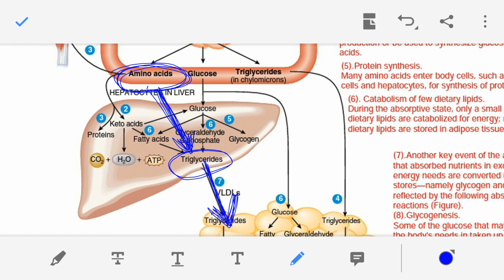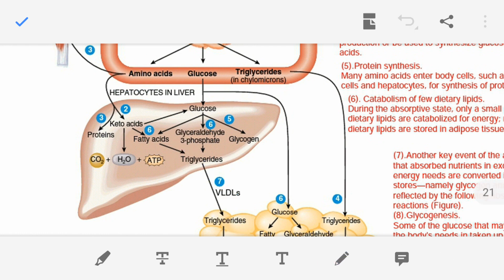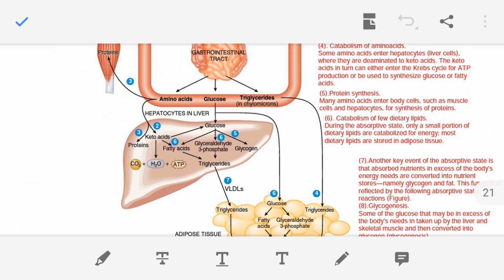But you see by your own that the amino acid is converted into triglyceride in the liver, and from the liver this triglyceride enters into the adipose tissue. So this myth should be busted that the protein powder or the amino acid cannot be converted into fat. So we are also keeping this thing in our mind.